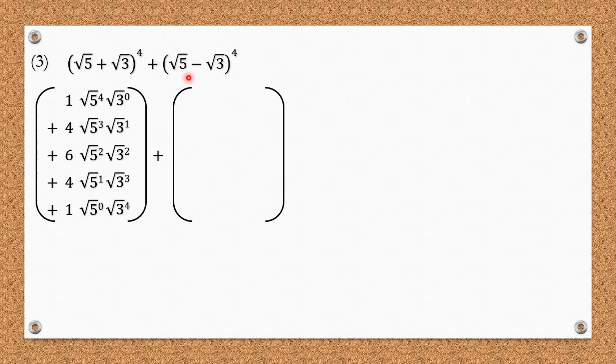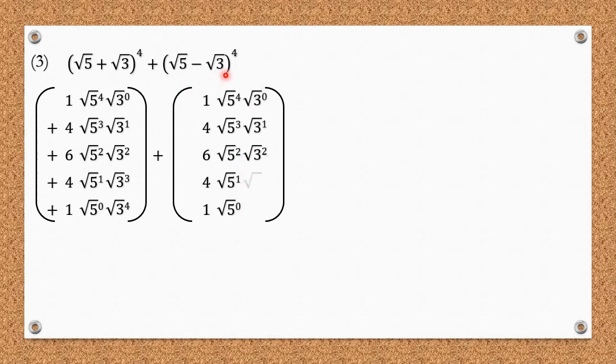Next, (root 5 minus root 3) whole raised to 4, so power 4, the coefficients will be 1, 4, 6, 4, 1. First value is root 5, so root 5 raised to 4, 3, 2, 1, 0. Second is root 3 raised to 0, 1, 2, 3, 4. Always remember these values are inverse. The first term starts with maximum power, ends with 0. Second term starts with 0 power, ends with the maximum power.